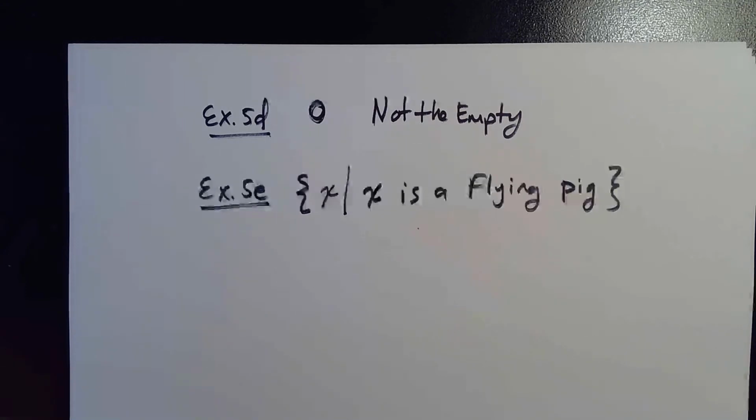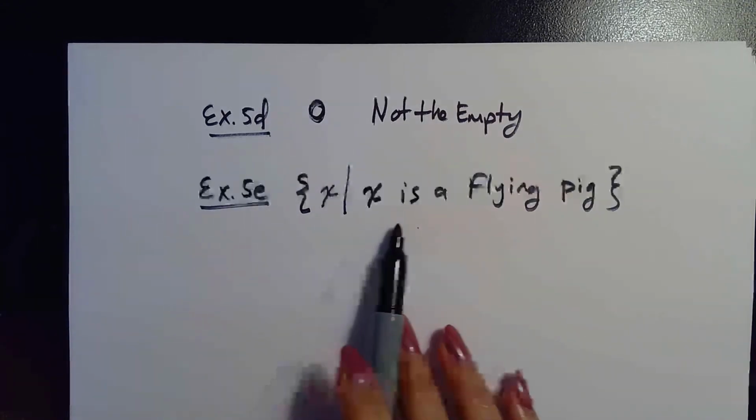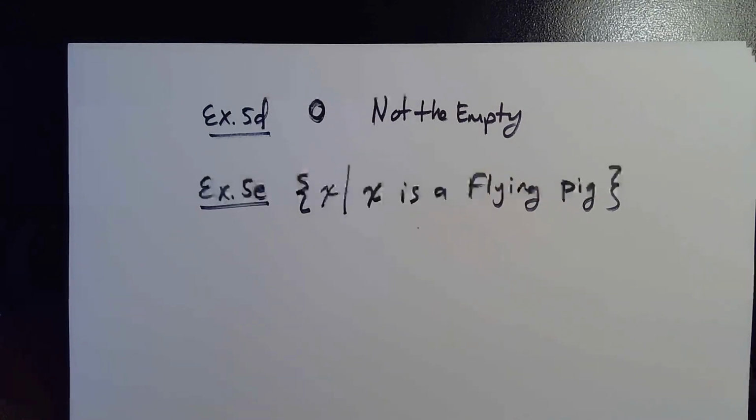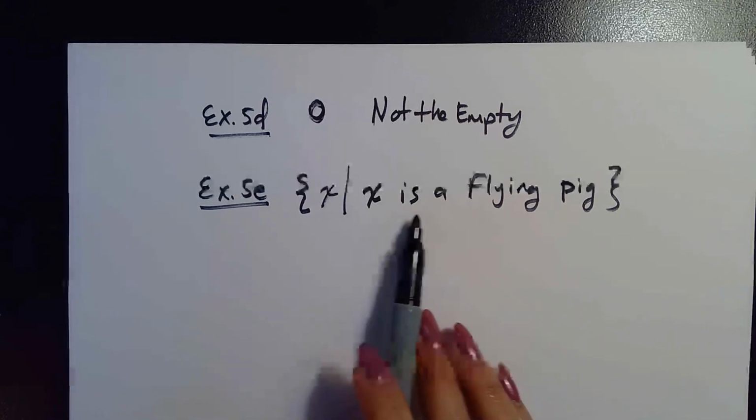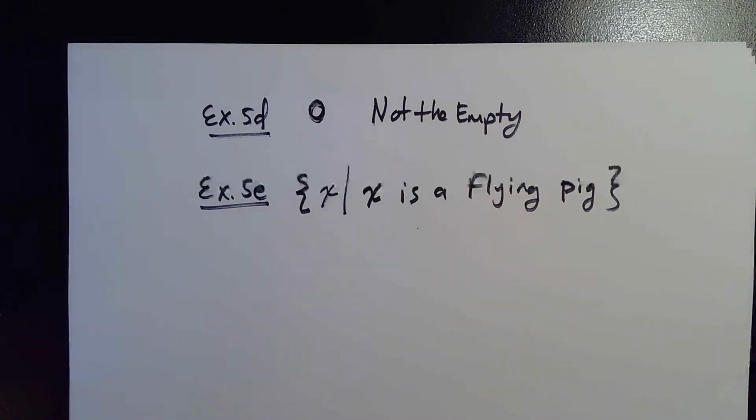Just because you read a statement does not imply existence. The fact that you're reading the statement does not imply the existence of an element of that set. For example, just because the set is looking at those elements that are flying pigs does not mean that we are going to be able to find a flying pig anywhere.